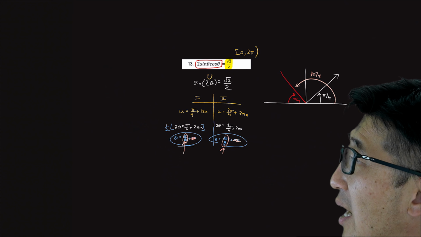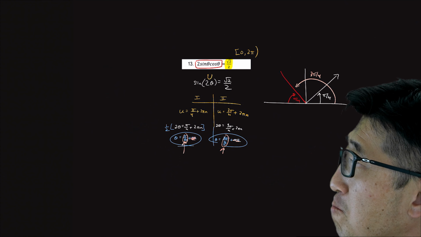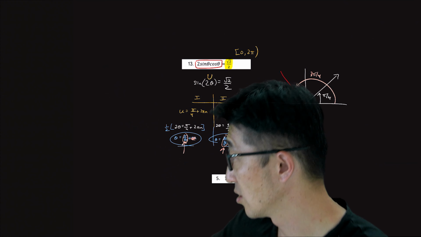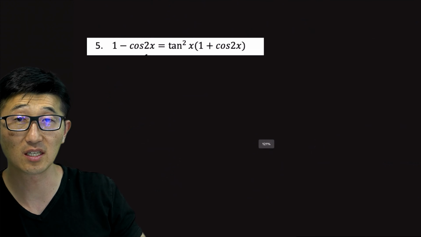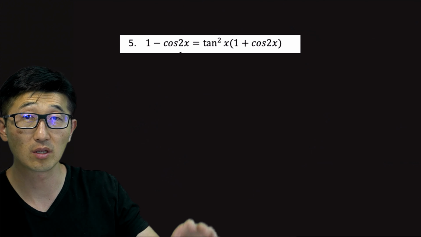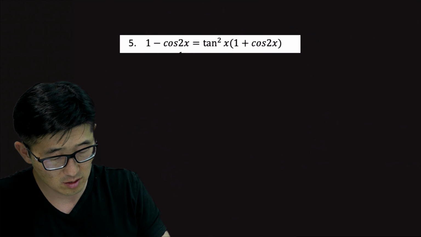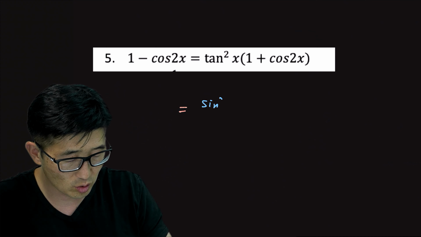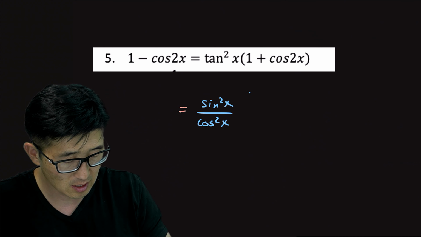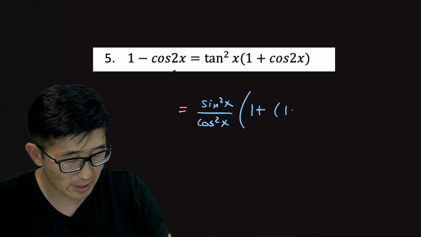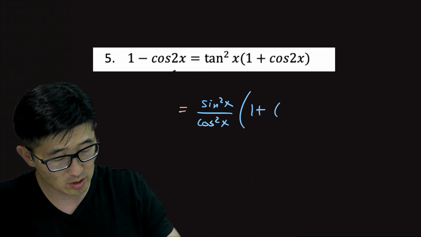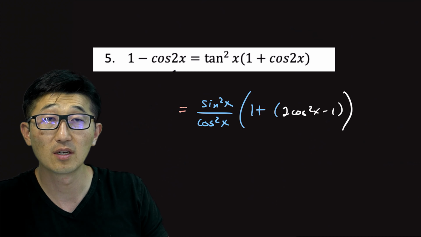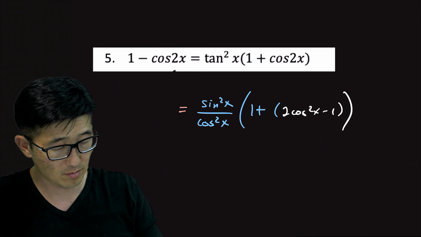Do you want me to do this identity for number 5 real fast? Oh, yeah, sure. So she said work on the right side. So this will be sine squared x over cosine squared x, and this will be 1 minus 2 cosine squared x, I believe.